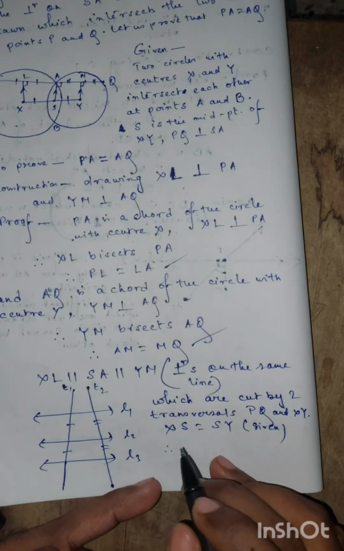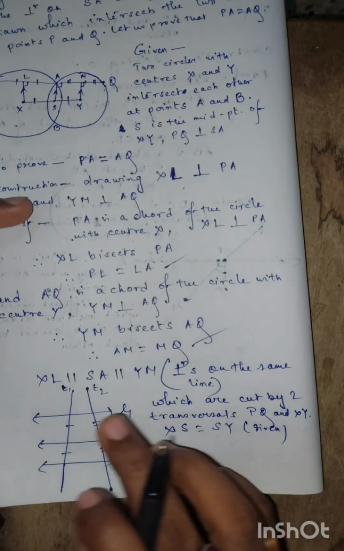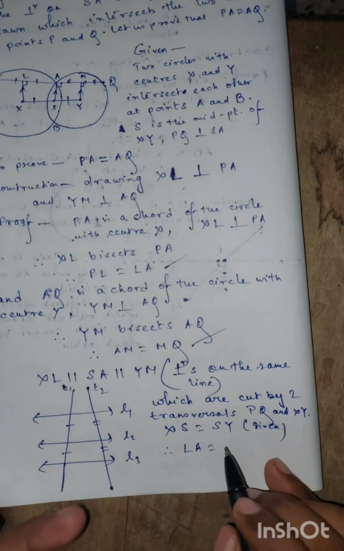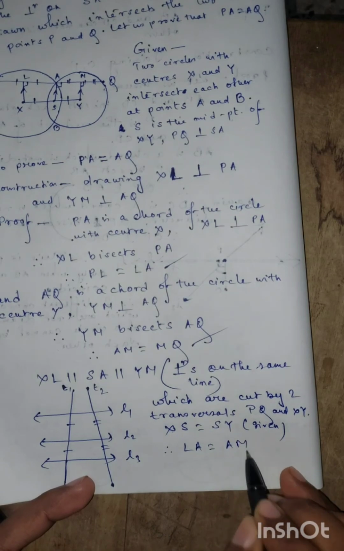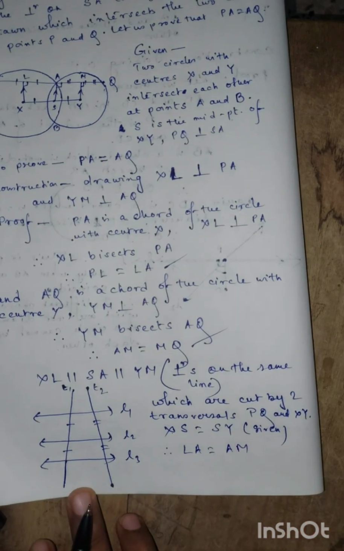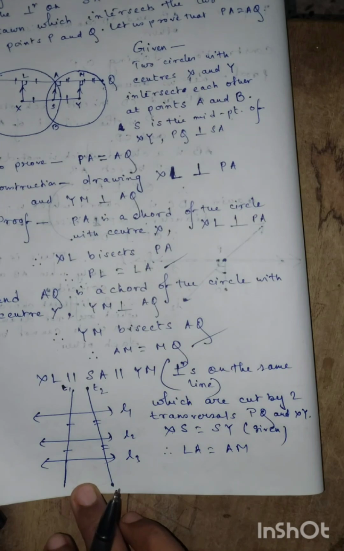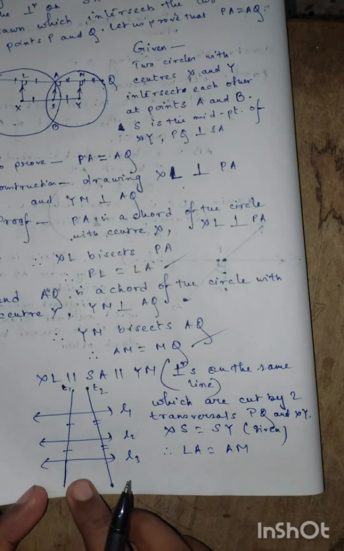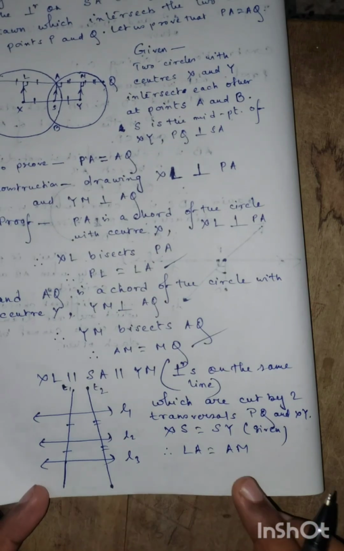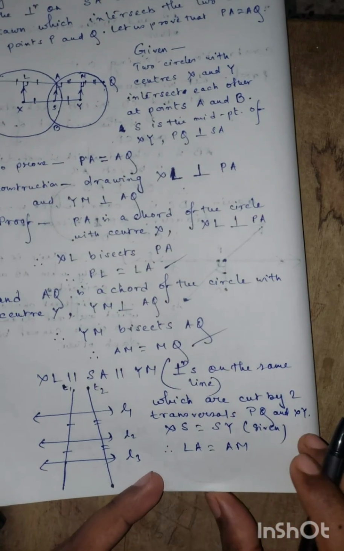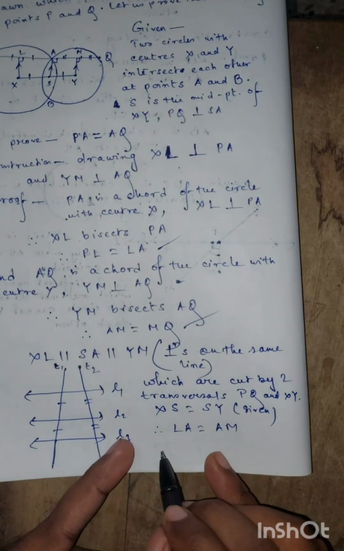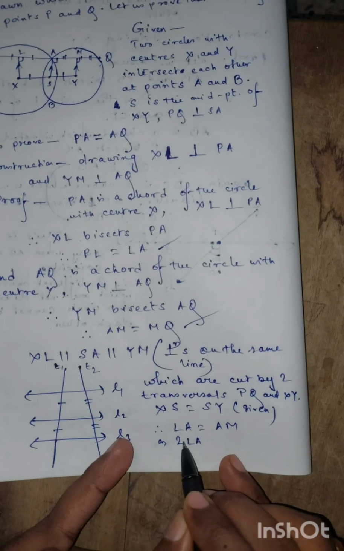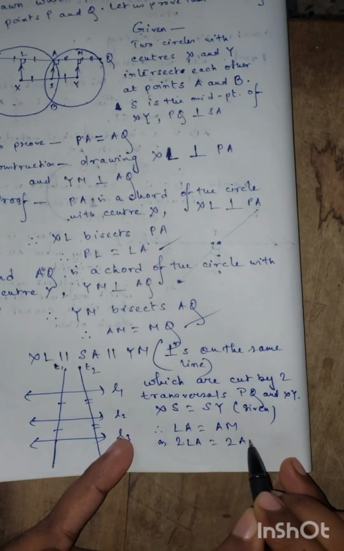Therefore, we can say LA should be equal to AM. Now, if we multiply both sides by 2, it becomes 2 into LA, 2 into AM.